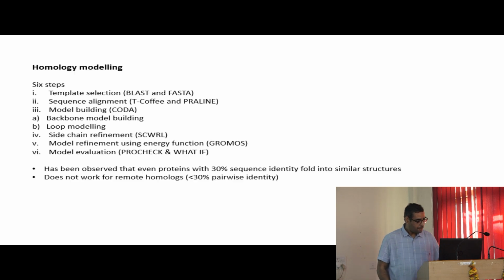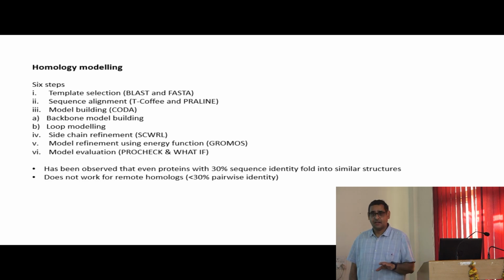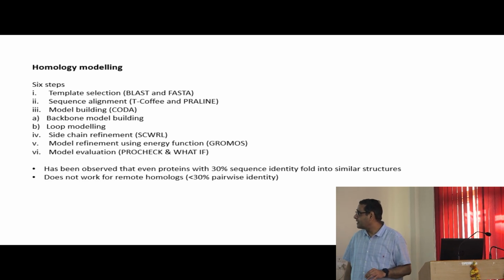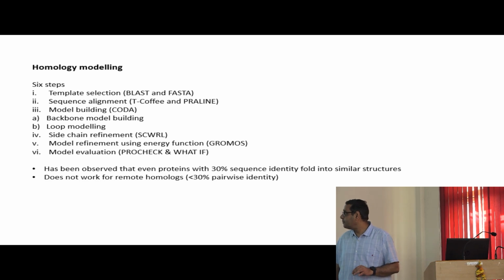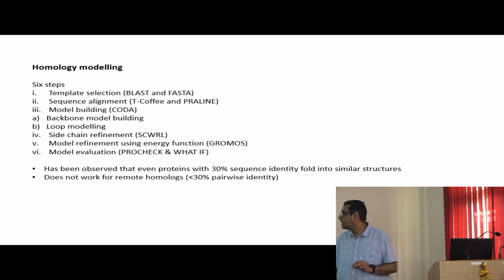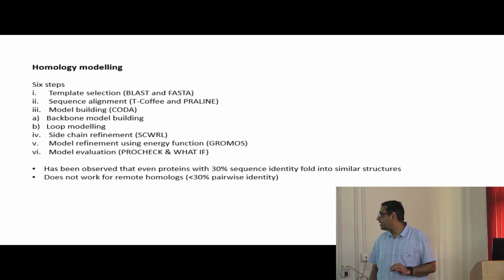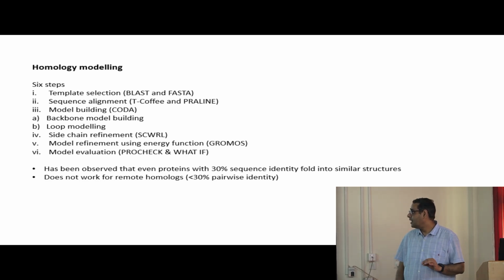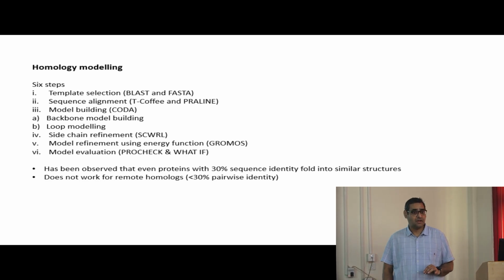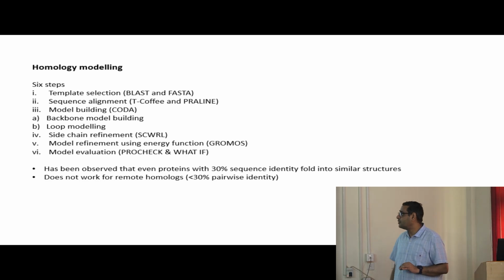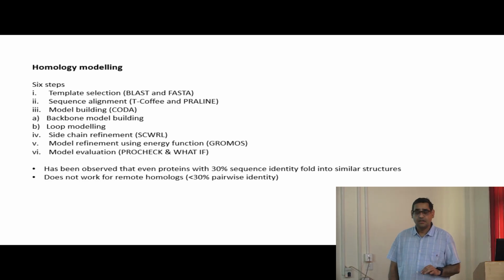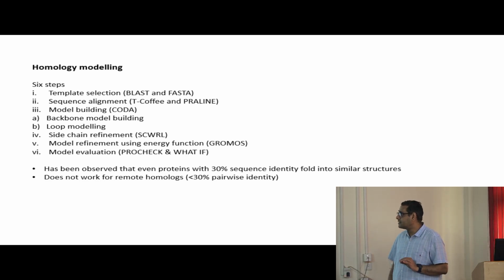Then homology modeling, what will be the steps? These are the steps: template selection, sequence alignment, model building, backbone model building, loop modeling, side chain refinement, model refinement, and model evaluation. The software to be used is given in the brackets.